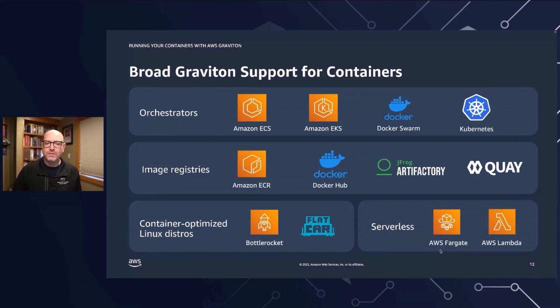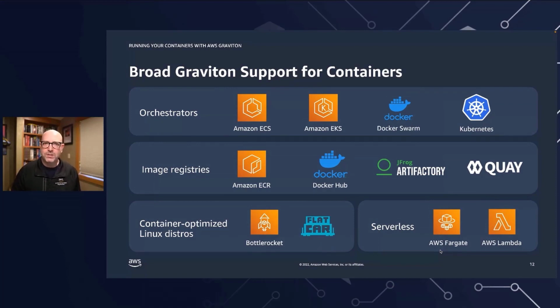Flatcar Linux also is available as well. And of course, you can use general purpose container Linux distros such as the EKS and ECS optimized AMIs, or Amazon machine images, that are provided by the ECS and EKS teams. Those also work with Graviton as well.